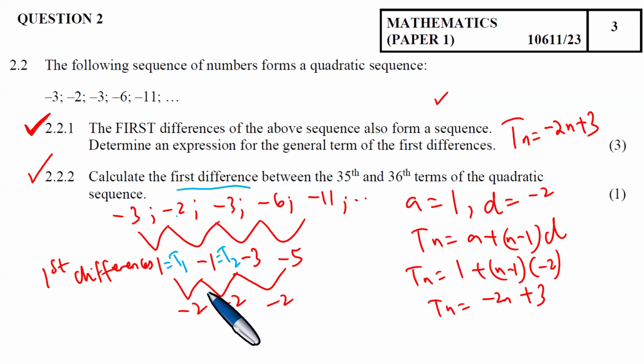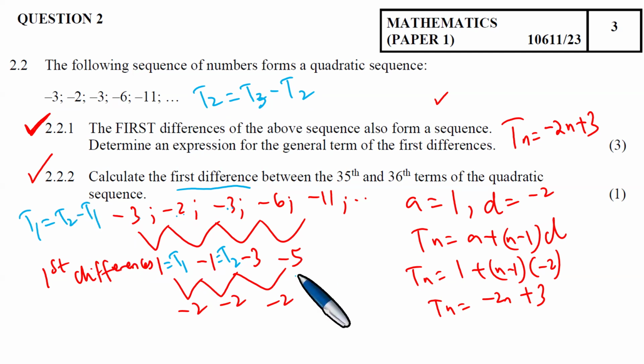Term 1 is the difference between term 2 and term 1. Term 2 is the difference between term 3 and term 2.